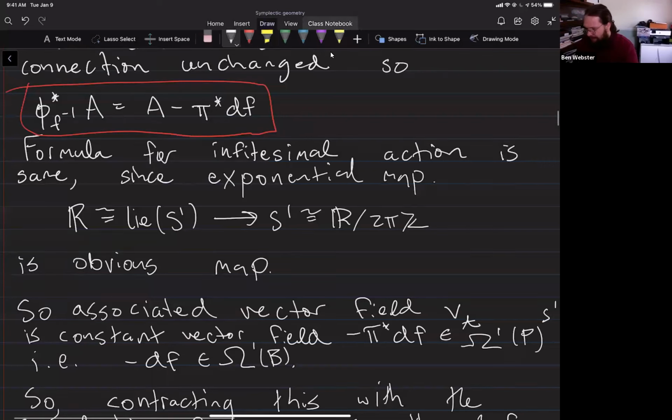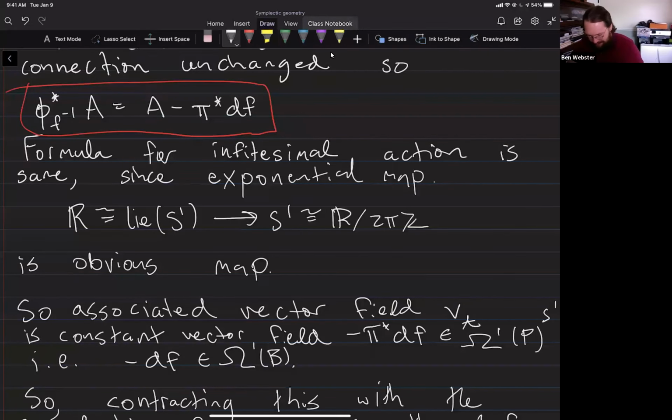So thinking of minus df as a one form gives me a tangent vector to the space of connections. And if I integrate that vector field, what am I going to do? I'm going to move at constant speed, subtracting df from things. And that's also what the action of my gauge group does.